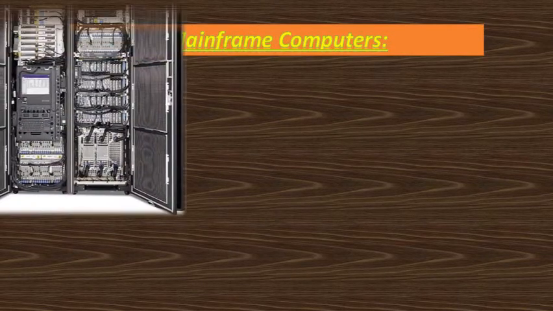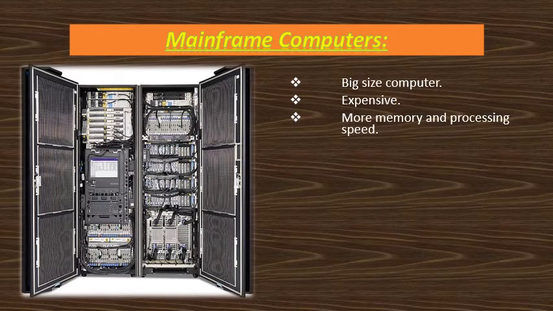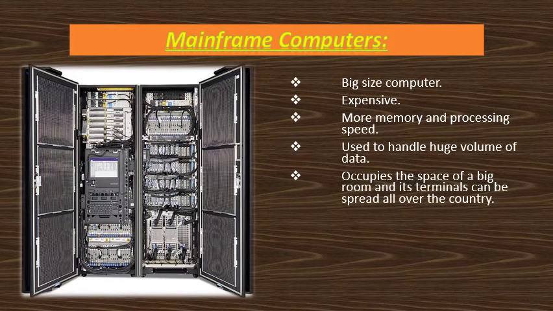So here comes the third type of computer according to size, and this is how the mainframe computers look. It is very obvious that these computers are going to be bigger than mini and micro computers. They are expensive, they have more memory and processing speed, and they are used to handle huge volumes of data.